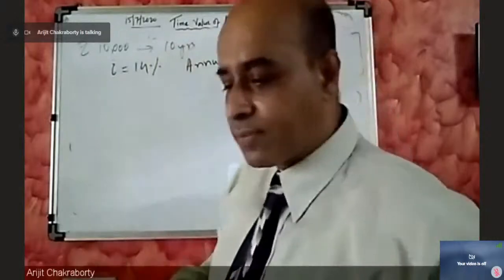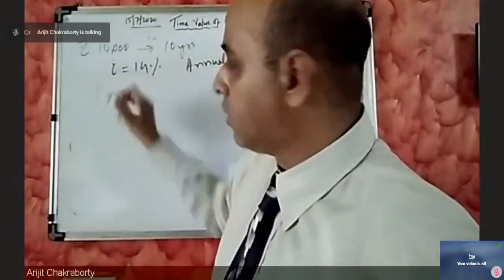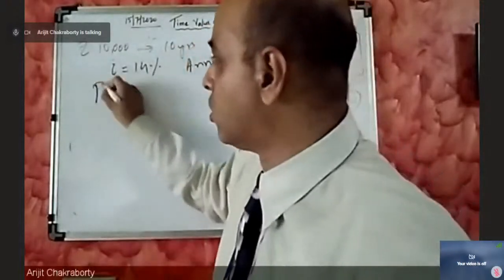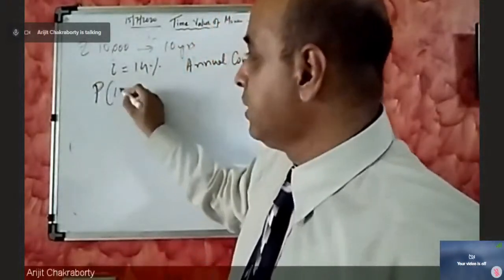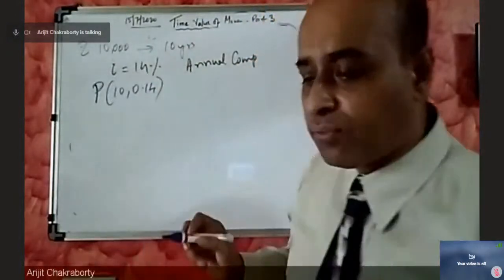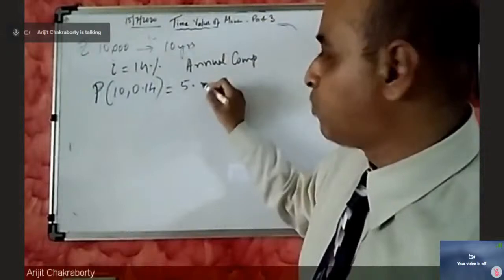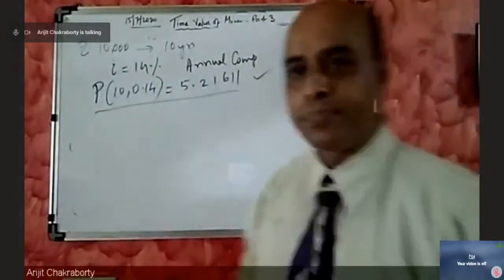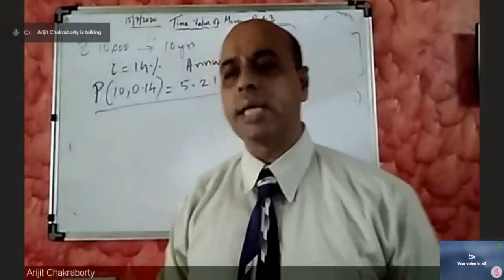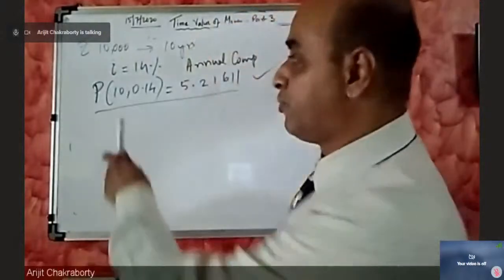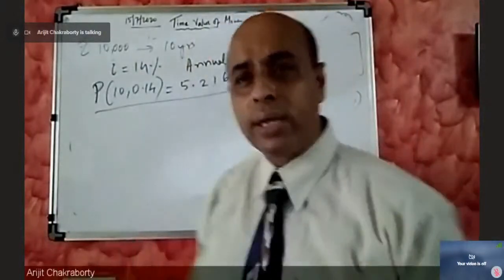The problem also gives you P10 into P10 comma 0.14 is equal to 5.21611. So this is given in the problem, and it will reduce your workload. In many of the numericals in the exam, you will find that this compounding factor value will be given.